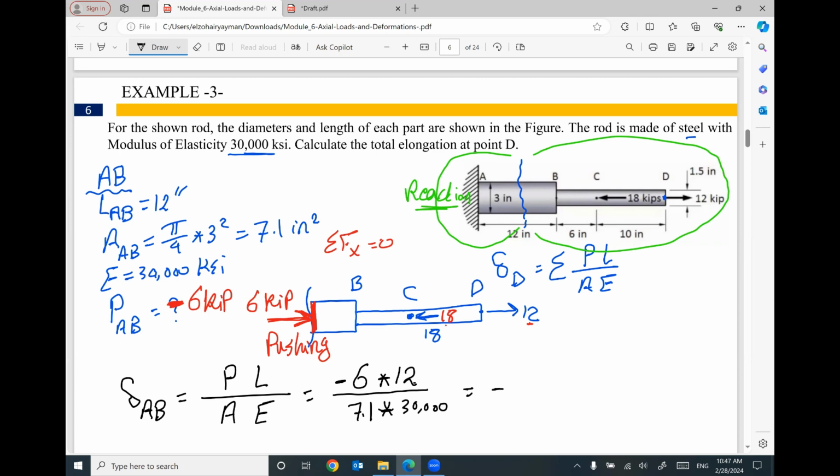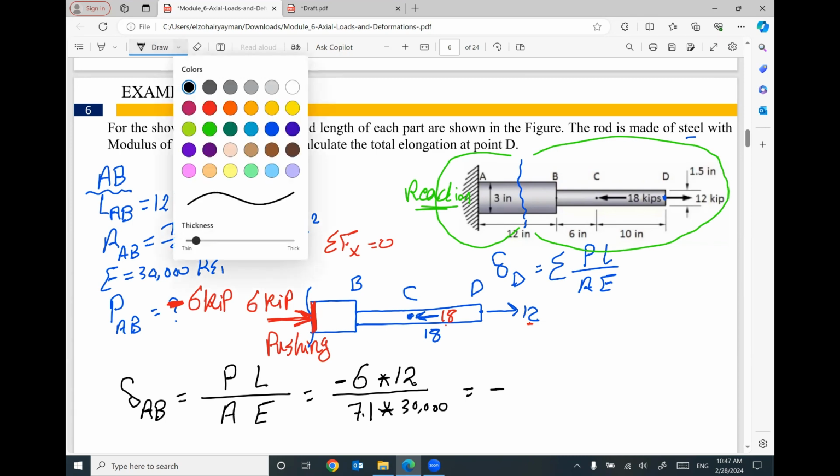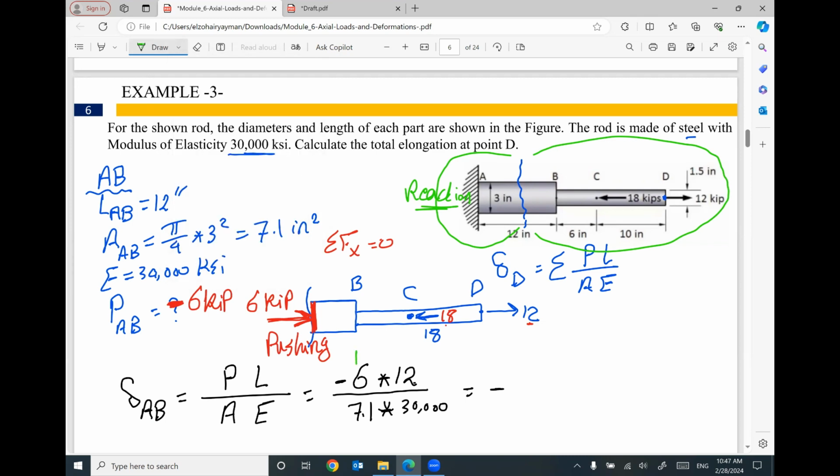Before figuring out the total contraction, it's not elongation, it's a contraction in part AB, we need to make sure the units are consistent. This force in kip, this length in inch, this area in inch square, this E is kip per inch square, which is KSI. Looks like everything in kip and everything in inch, we are good. Keep going. So 6 times 12 divided by 7.1 times 30,000.